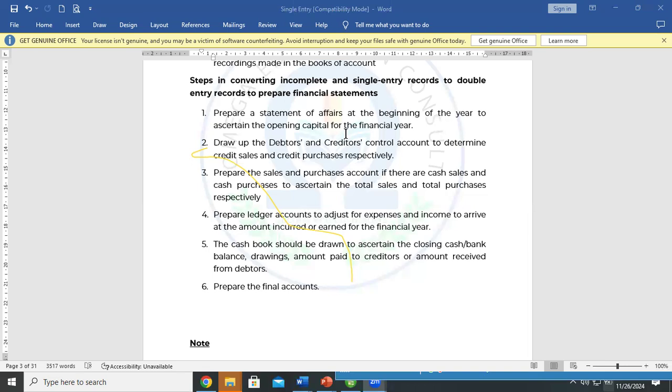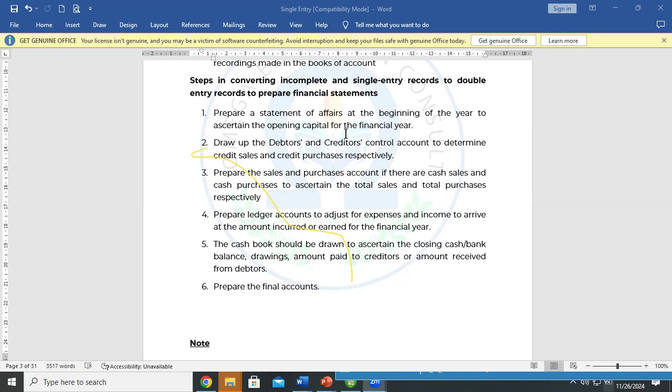Then the fifth one says prepare the cash book. So I'm sure Prof. Ella and her mom's business don't have a cash book, even though she has learned how to prepare a cash book, she hasn't prepared one. So you need to prepare that.